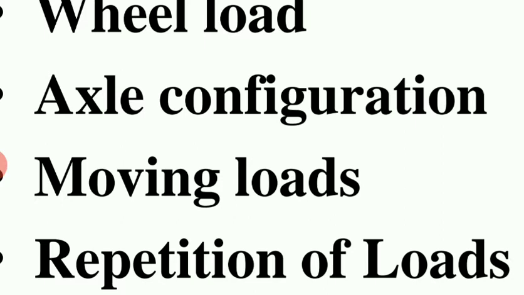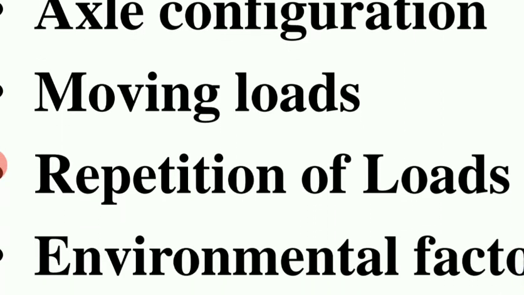And then moving loads. Here the damage to the pavement is much higher if the vehicle is moving at a creep speed, okay. Many studies have already shown that when the speed increases from 2 kilometers per hour to 20 kilometers per hour, the stress and deflection are reduced by 40%.